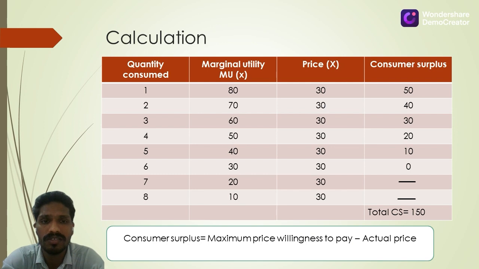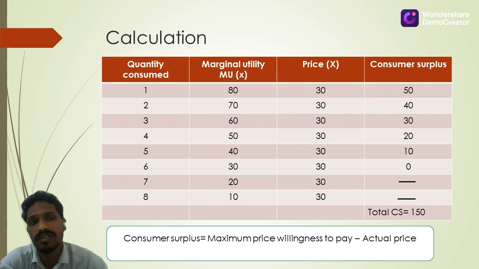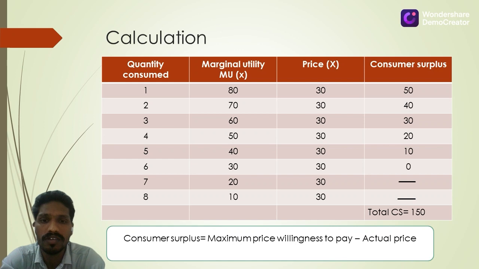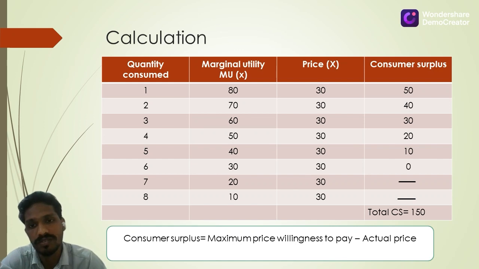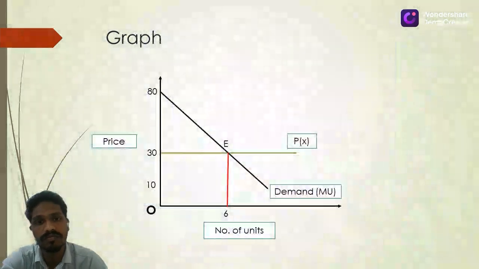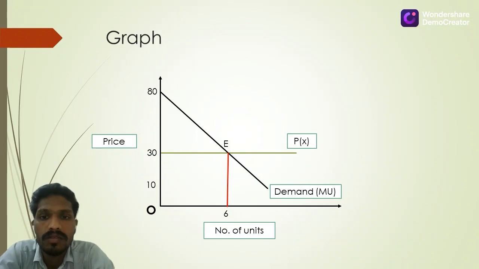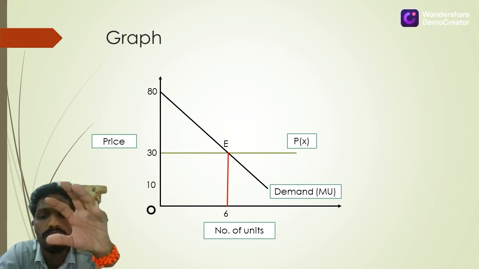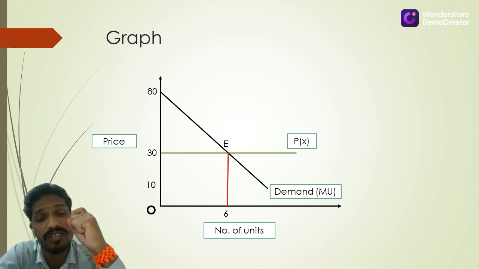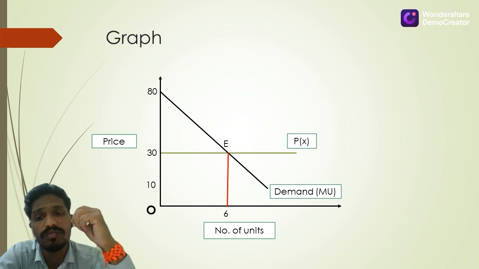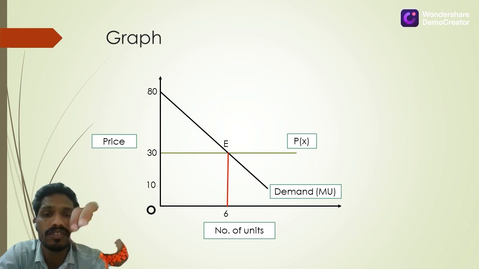Let's understand this better with the help of a graphical representation. In the graph which displays consumer surplus, we have shown rupees 80 as the utility.